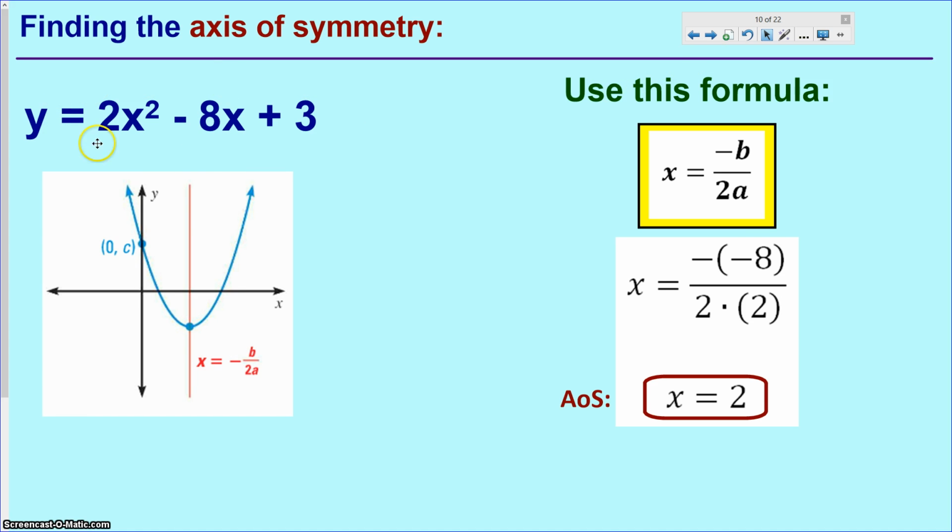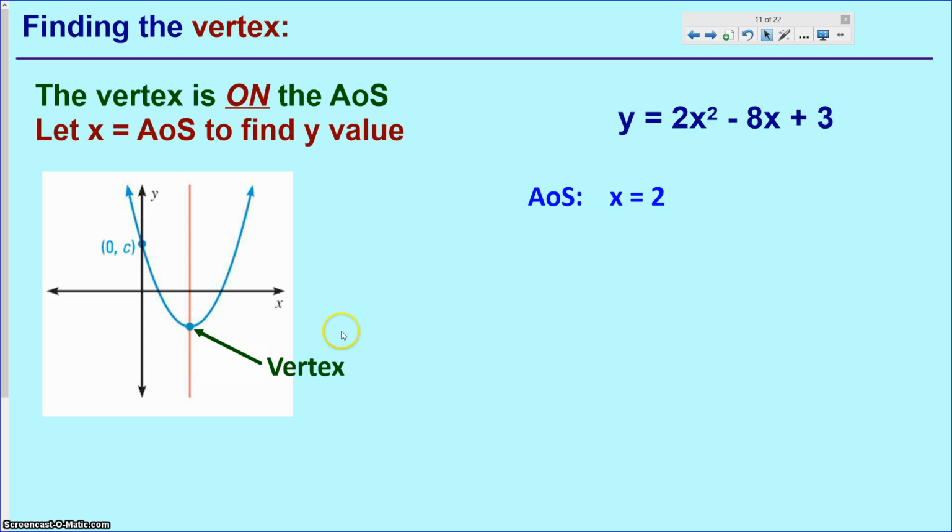And all of these functions that we're getting are input an x, output a y. So we have the x to input into here and it will output our y. So if all we have to do is basically let our x equal the axis of symmetry, just plug it into the formula, and it will kick out a y value that tells us how high the vertex is.